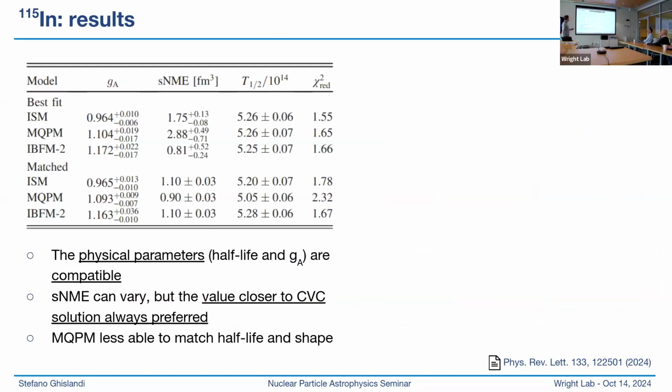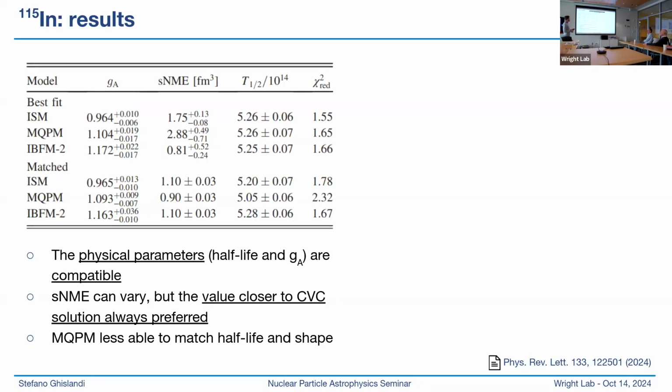And the results are reported here. You have the best fit approach and the matched fit approach, as we call it. Important thing: GA in the 2 cases, while fixing the model, is always compatible. So this should, in some sense, demonstrate the reliability of how we are tackling the problem itself.